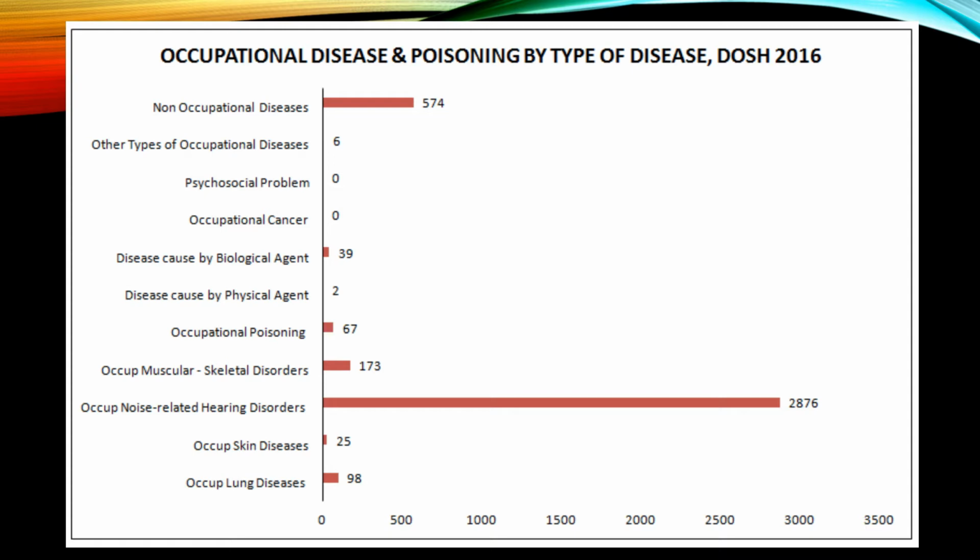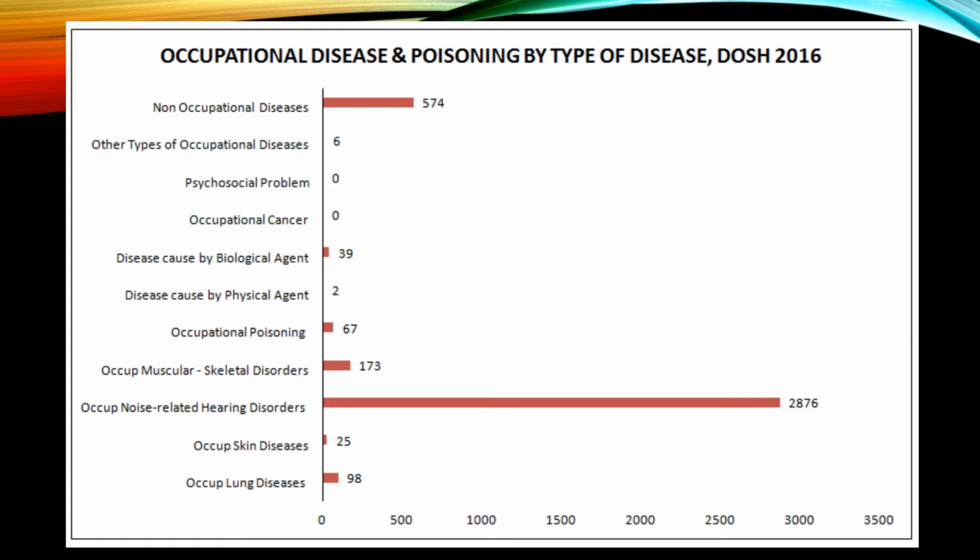On the other hand, with occupational noise related hearing disorders, most people can detect their hearing loss quite easily as compared to other disorders or diseases, right? When they have that ringing sound that doesn't go away when they go back from work, or when they start to realize that they cannot hear what other people are saying clearly, or they need to increase the volume of the television when they watch TV.